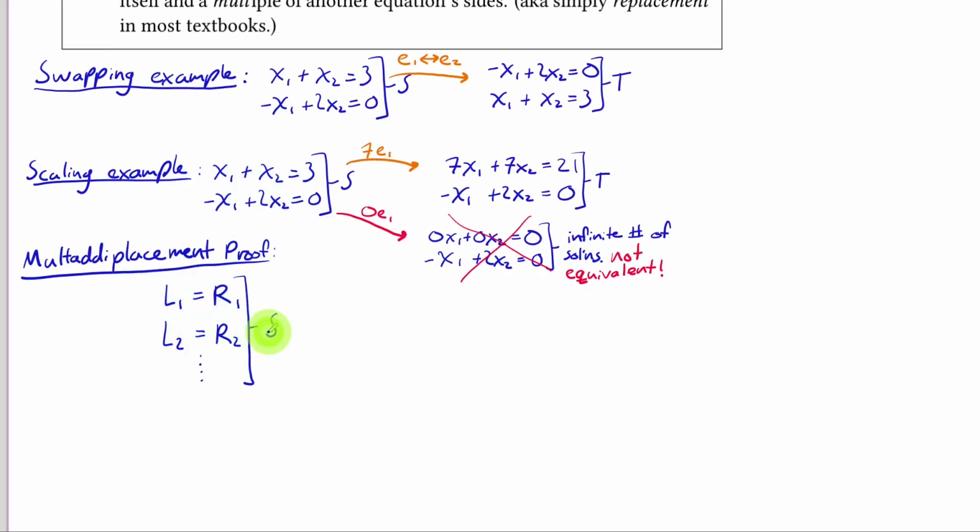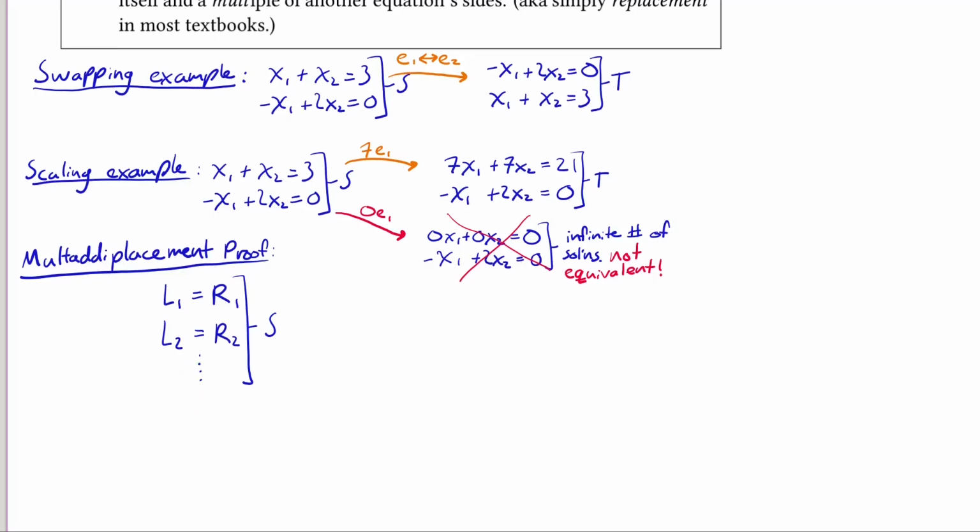The system S here has equation 1, which has left side, which we write as L1, and the right side is R1, and L2 is the left side of equation 2, and R2 is the right side of equation 2. And maybe there's more equations in it. That's what the dot dot dot means, but just to simplify it, let's just say that the one we're replacing is equation 2.